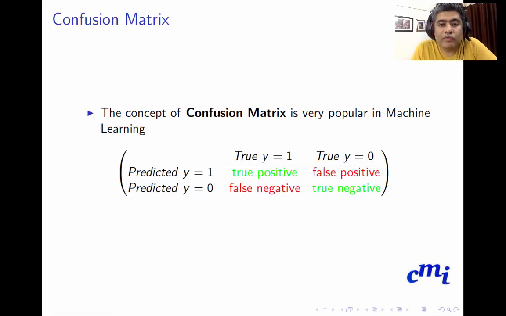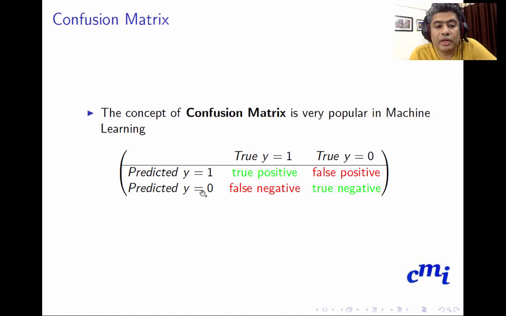The same confusion matrix in the statistics literature is often known by slightly different names. If your test tells you that y equal to 1, the positive, and it actually turns out to be positive, then we call it a true positive.